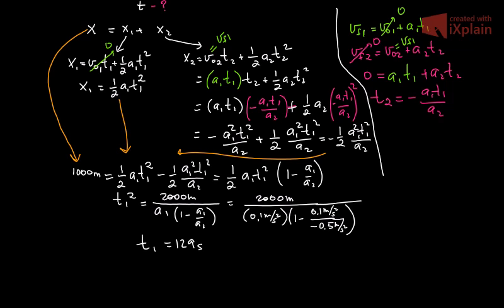Now, if we plug this into the equation for t2, we get negative a1, which is 0.1 meters per second squared, times 129 seconds divided by a2, which is negative 0.5, and we get approximately 26 seconds.